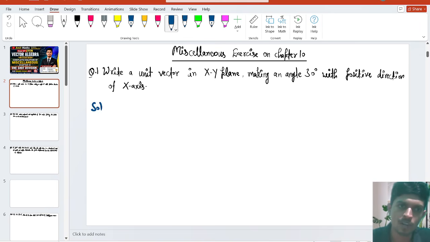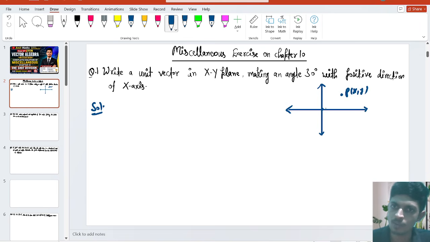The solution is: first draw the xy plane here. Suppose this is the point P in the xy plane with coordinates x comma y, and this is a unit vector.